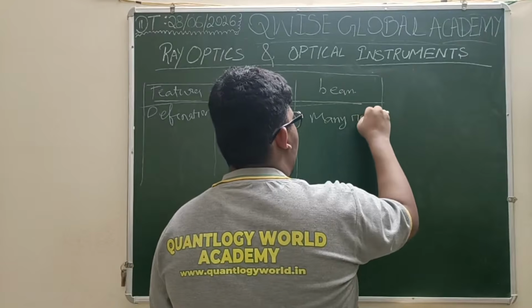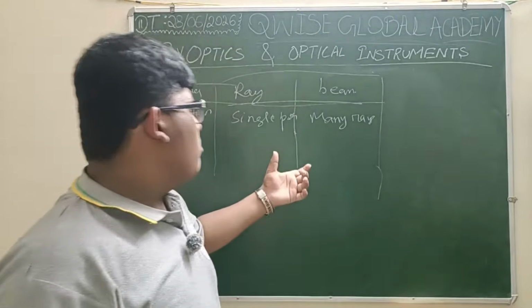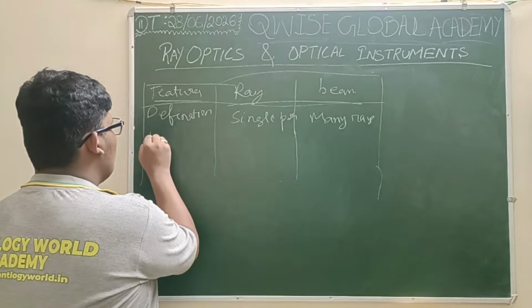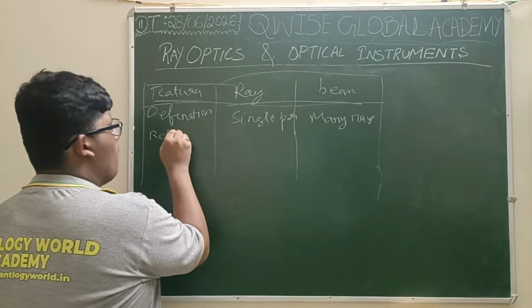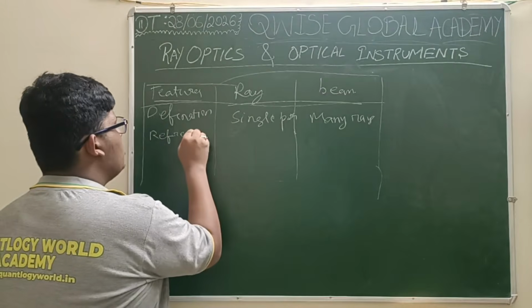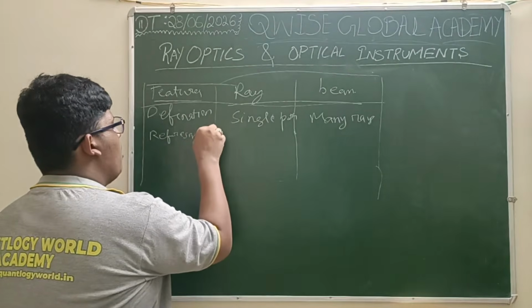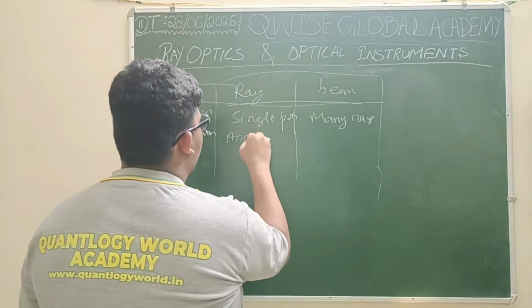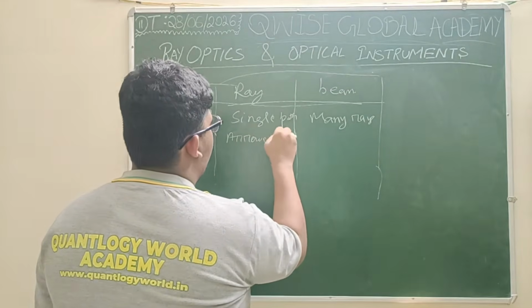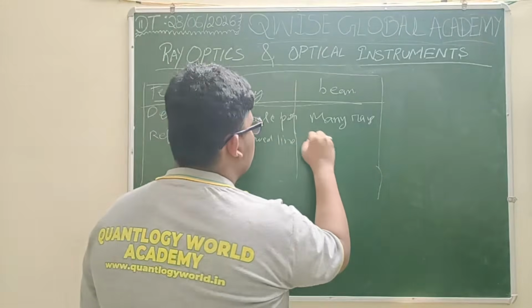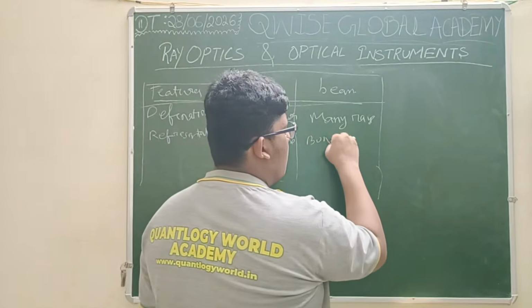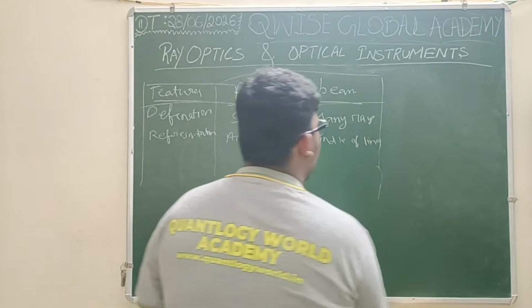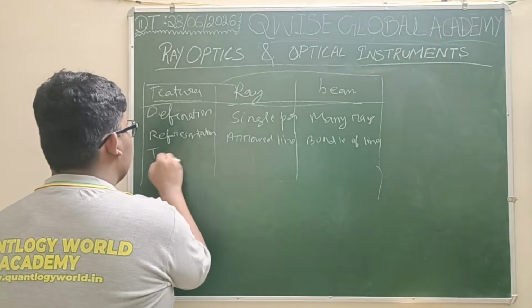This is a short difference. Next feature is representation. A ray is an arrowed line. A beam is a bundle of lines. Last is types.